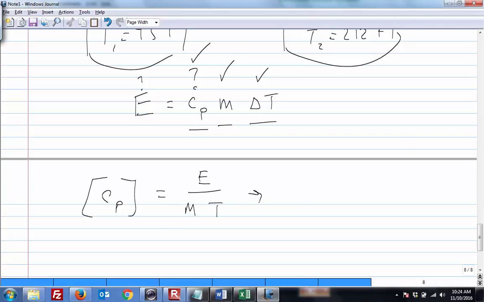So that can become joules per kilogram per Kelvin, or joules per kilogram per degree Celsius.